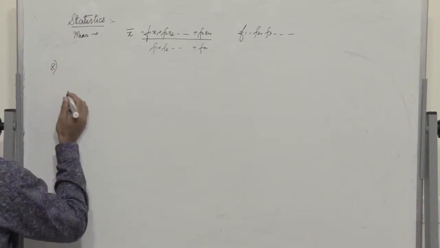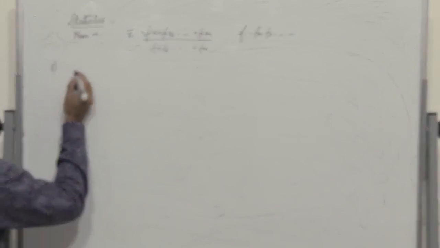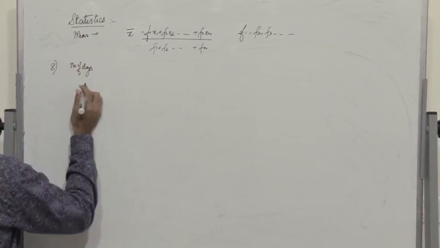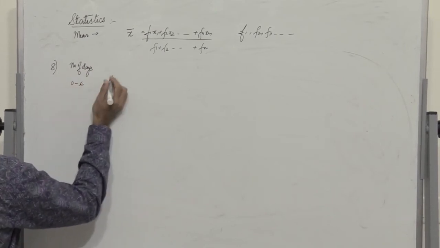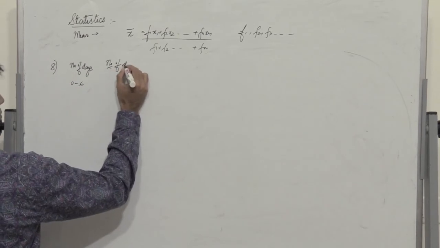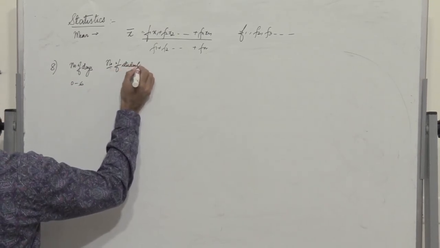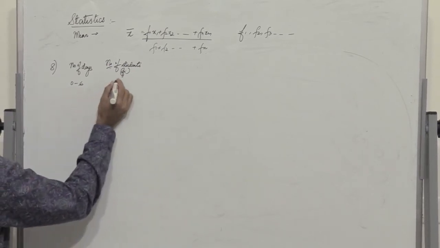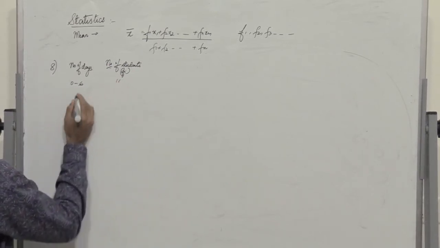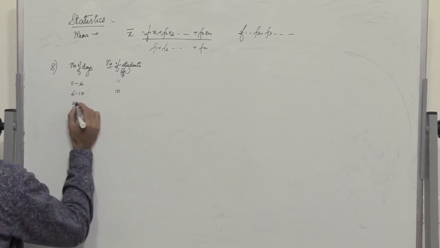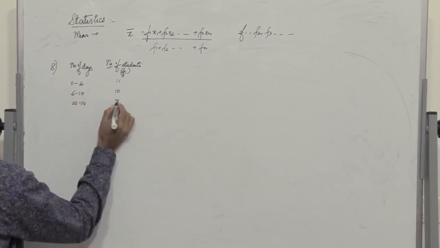So problem 8, we have an absentee record of 40 students. So number of days, so 0 to 6 days, the number of students who have absented themselves, which is Fi. So 0 to 6 days range, 11 students were absent. 6 to 10, we have 10, and then 10 to 14, we have 7.